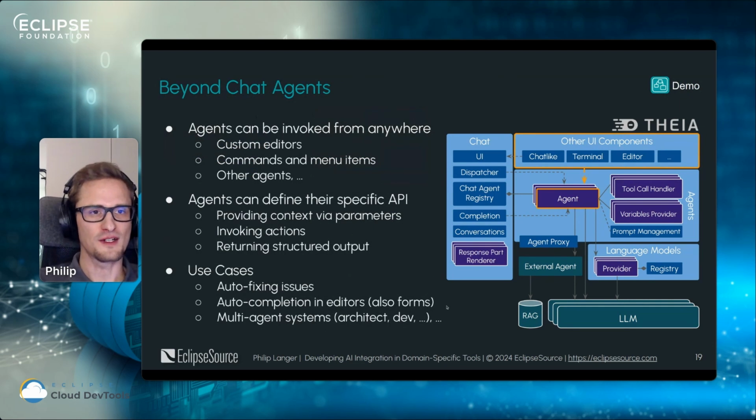So far, we've only talked about chat agents. I just want to really briefly say this is, of course, just one way of integrating agents. You can basically integrate agents from any UI component that you may have. So, for instance, if you have a custom editor, you can also talk to your custom agents. If you have a menu item where you would like to invoke an LLM-driven capability, you can also just do that.